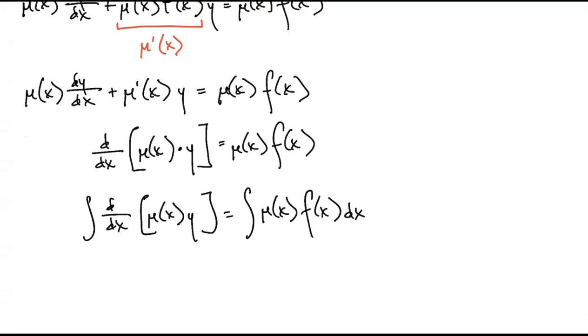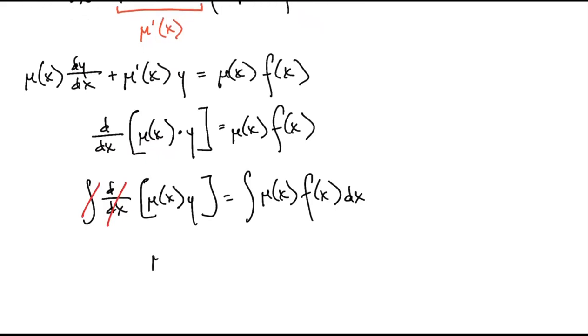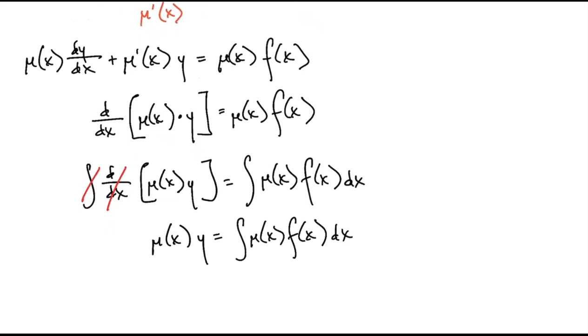All right, we integrated both sides. Now, because we have an integral and a derivative, by the fundamental theorem of calculus, all we're left with on the left-hand side is mu of x, y. And on the right-hand side, we don't know what those specific functions are, but we can integrate them later on.